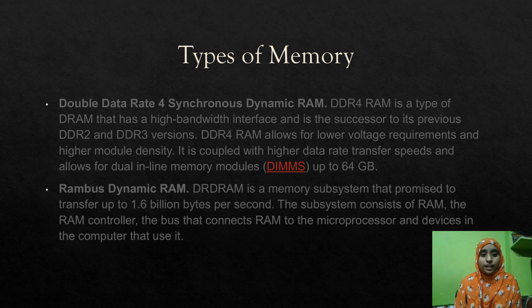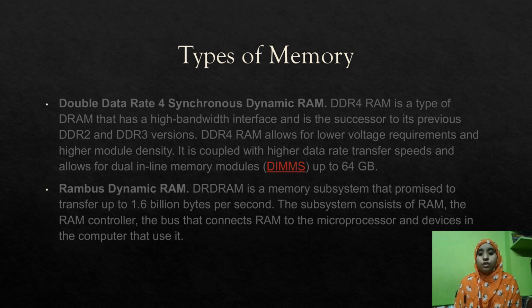Double data rate 4 synchronous dynamic RAM, DDR4 RAM. Here DDR4 indicates double data rate 4 synchronous dynamic random access memory. It is a type of dynamic random access memory that has a high bandwidth interface, and it is a successor to the previous DDR2 and DDR3.